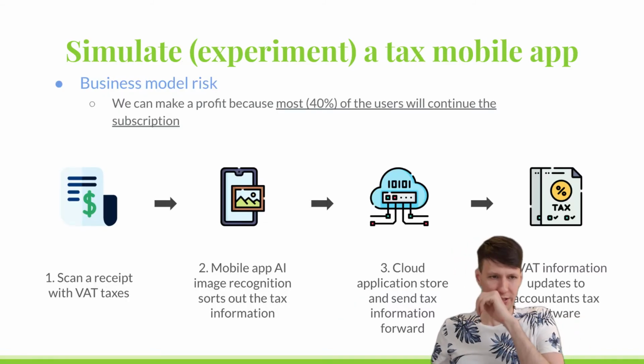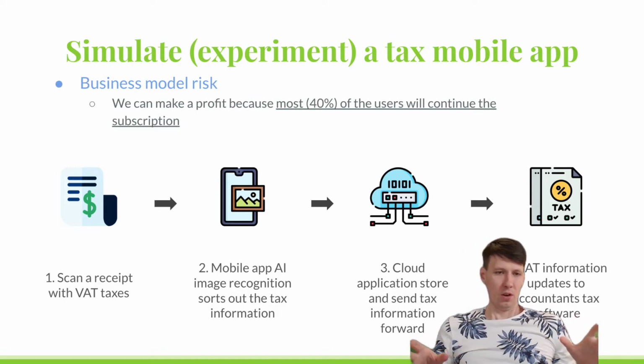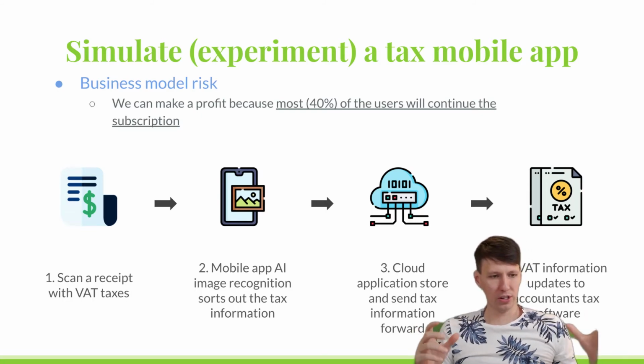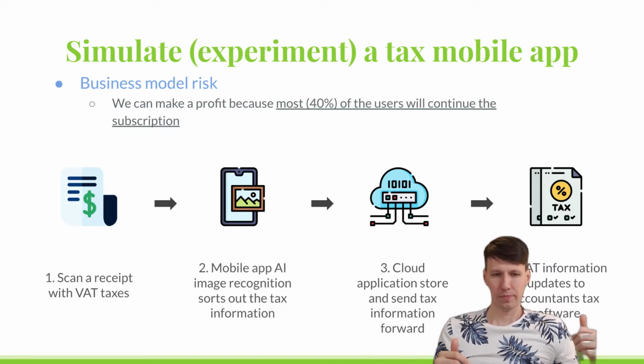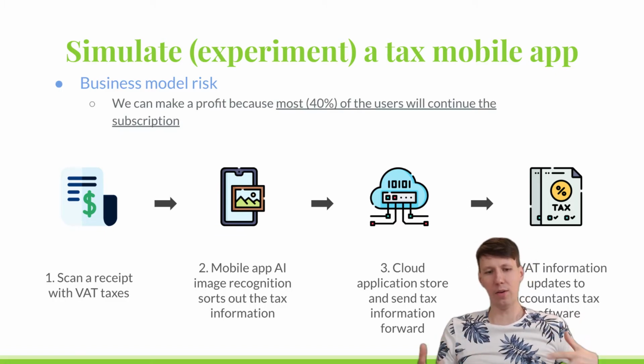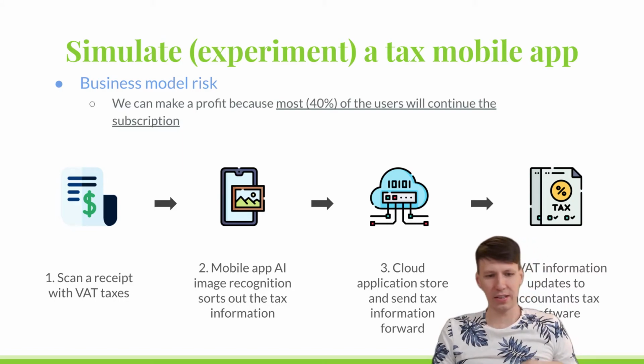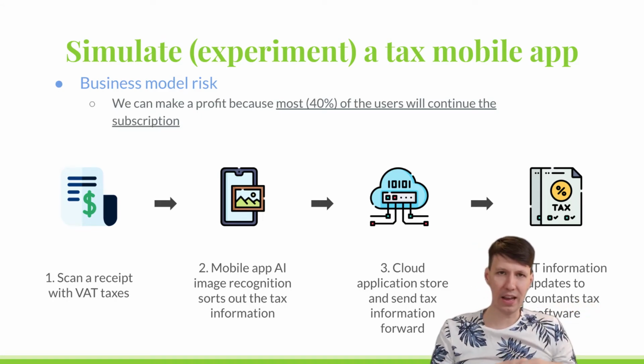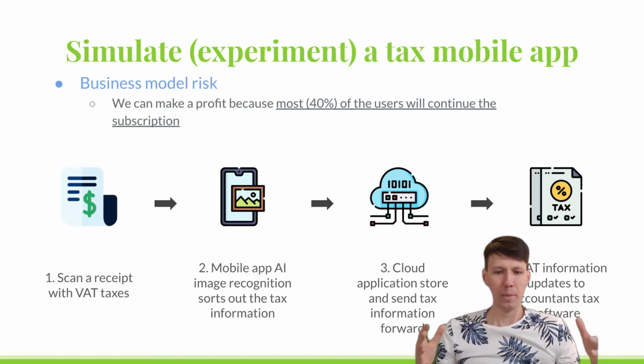So here's an example. A process flow if you want to build a tax mobile app. First, someone scans a receipt with the tax information with their phone. Then the mobile app on the phone, with artificial intelligence and image recognition techniques, sorts out the tax information and all the numbers, and sends it to the cloud.